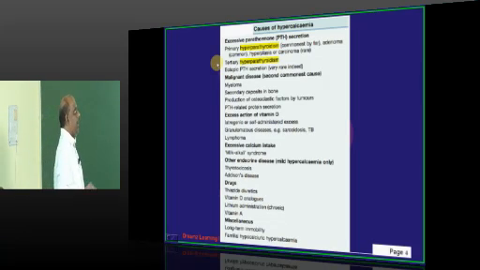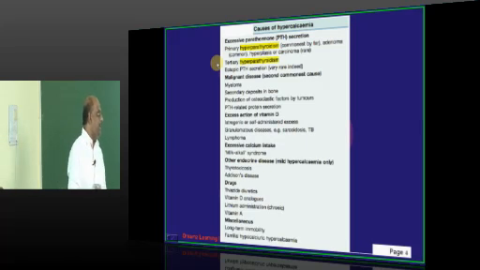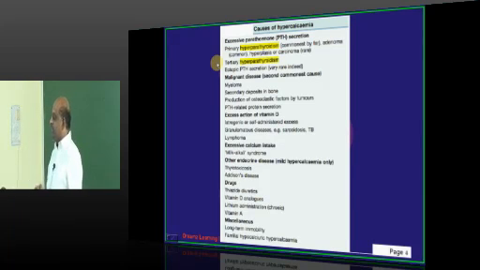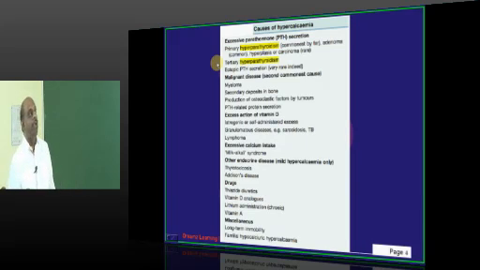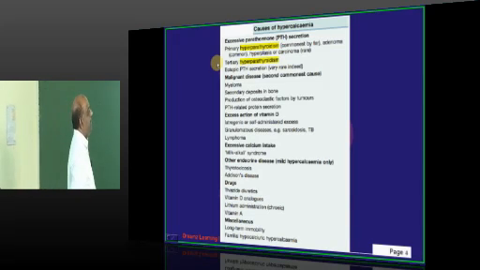So, primary hyperparathyroidism and tertiary hyperparathyroidism will lead to hypercalcemia. But in secondary hyperparathyroidism, hypocalcemia becomes normocalcemia, it won't become hypercalcemia. So that is what you have to be very clear about.